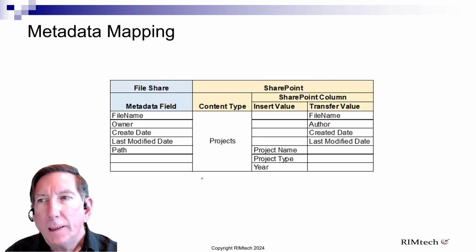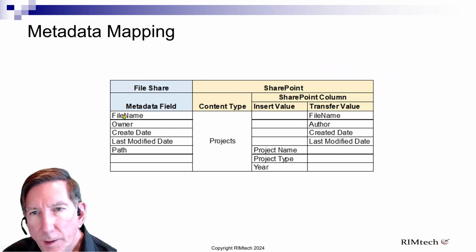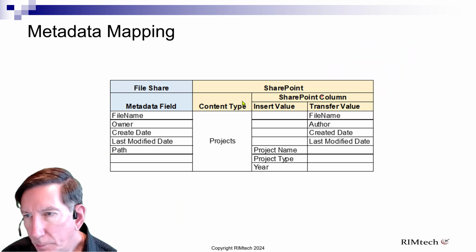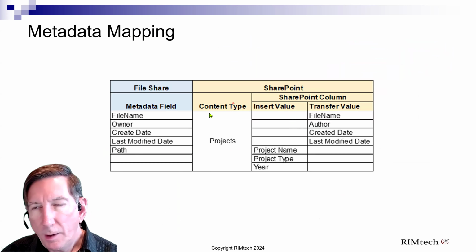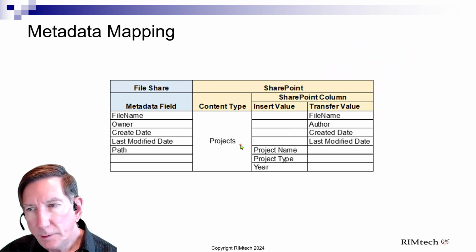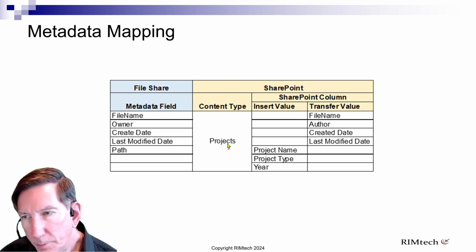So here's an example of a file share in blue here. We have 1, 2, 3, 4, 5 pieces of metadata. But in SharePoint, we have an activity called projects, which is most likely a library. And in that library called projects, there'll be a content type called projects.